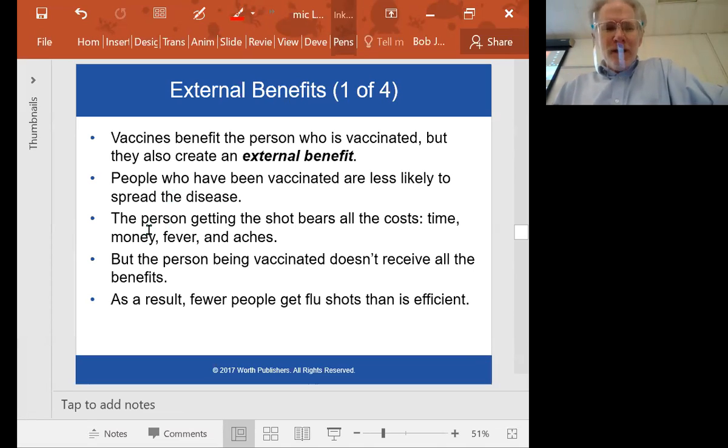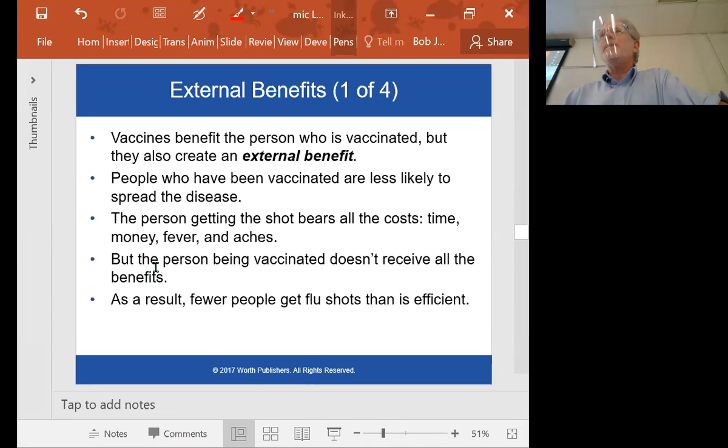The problem is the person who gets the shot bears all the cost. You have to pay for it. You have to use your time to get the shot. You may feel bad. You're going to bear all of the cost, but you're only going to get some of the benefits. You get some of them, but you don't get all of them.